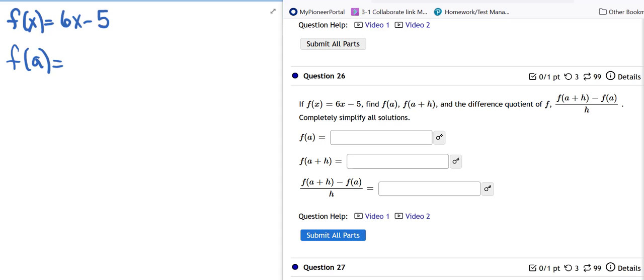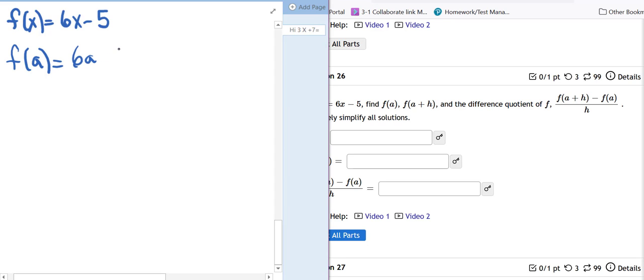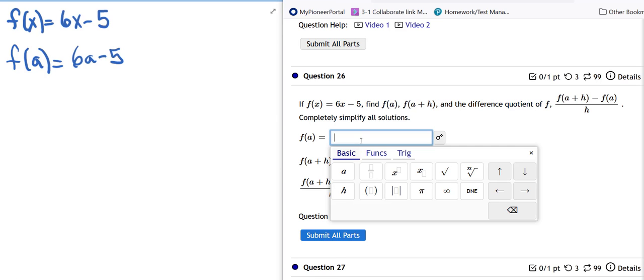All right, we have one last type of question in this section, and it is called a difference quotient. The difference quotient you can see here, f of a plus h minus f of a over h. And they want us to calculate that for our function. So our f of x, 6x minus 5, and they first want us to find f of a. So you're just going to replace your x with a. So this will be 6a minus 5. That will be for our first box.